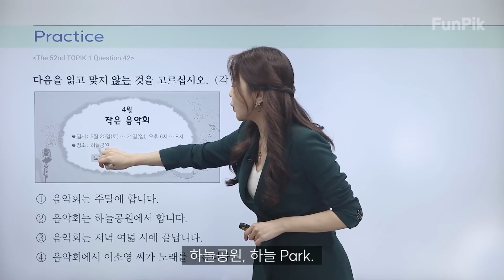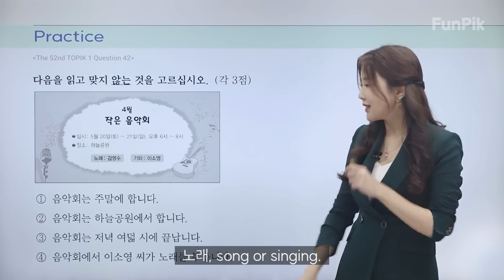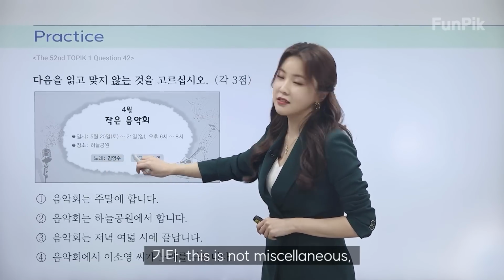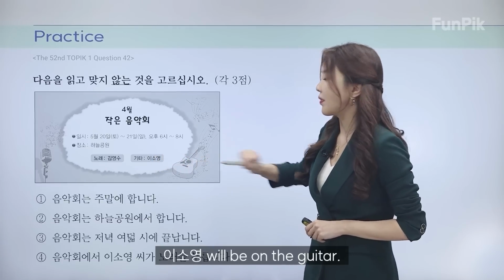Location, 하늘공원, 하늘park. 노래, song or singing, 김영수. So this person will be doing the singing. 기타, now this is not miscellaneous, it's this, guitar. And 이소영 will be on the guitar.